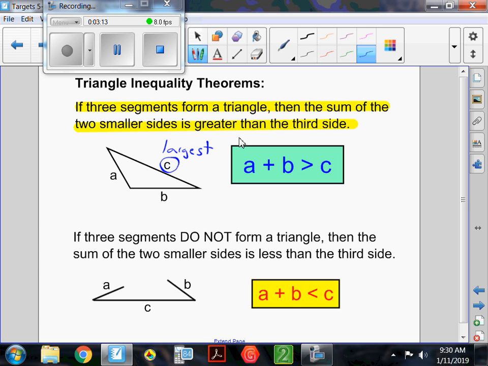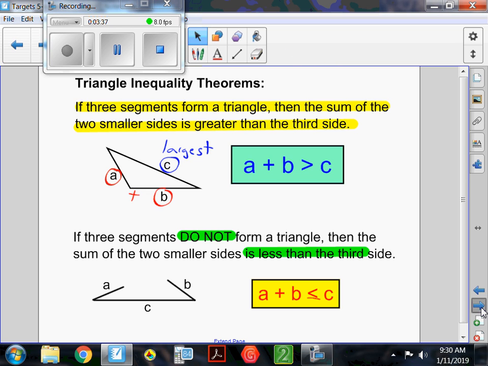So if I take the 2 smaller sides and I add them together, A plus B, those 2 sides have to be greater than the third side. If it doesn't happen, if the 3 segments do not form a triangle, then the sum of the 2 smaller sides is less than the third side, or it could be less than or equal to the third side.